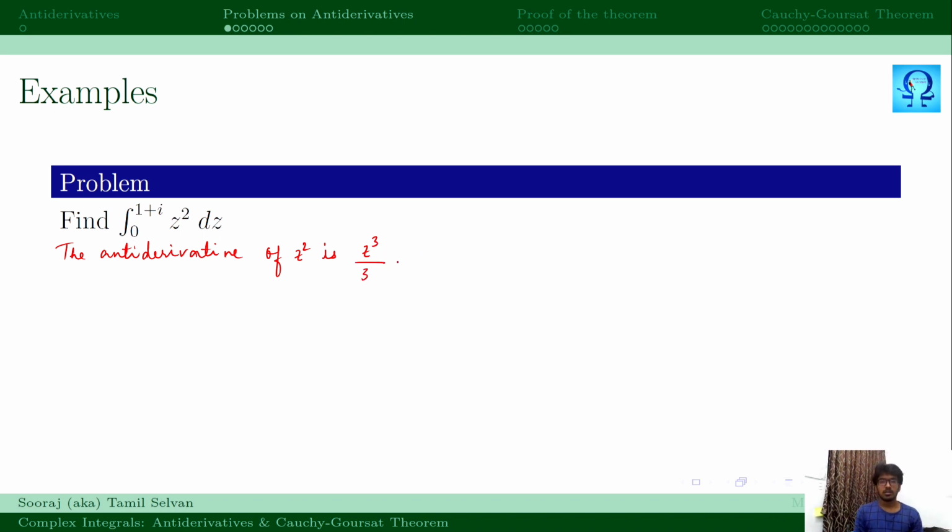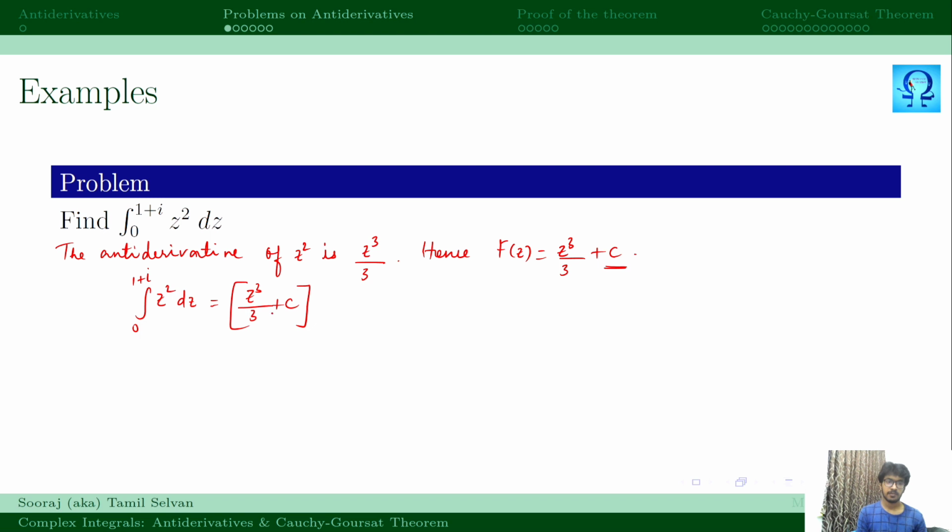Hence your F of z is z cube upon 3. This may be added with some constant. Whether I include this constant or not is not going to bother us here, as I am about to evaluate the integral over the given limits. Let me proceed with the addition of constants itself.